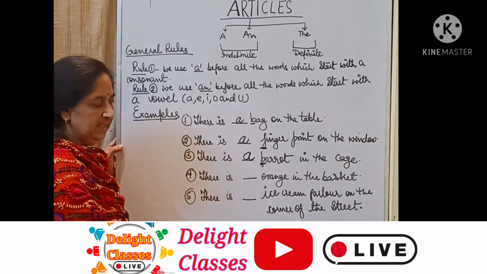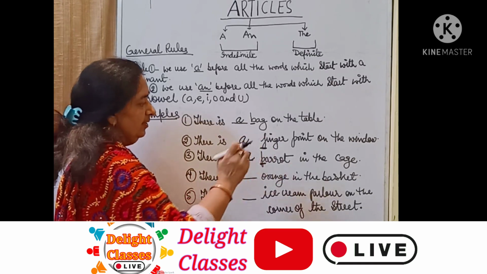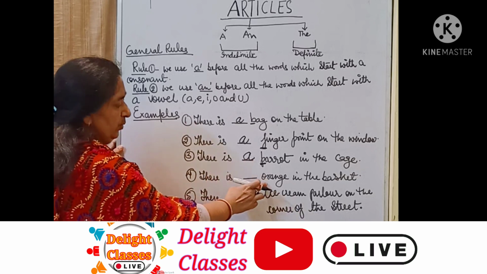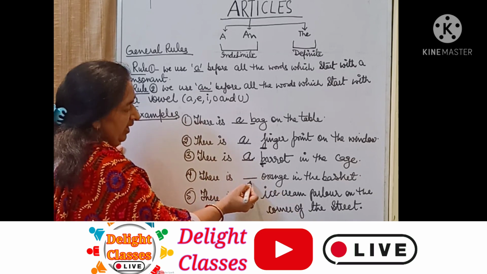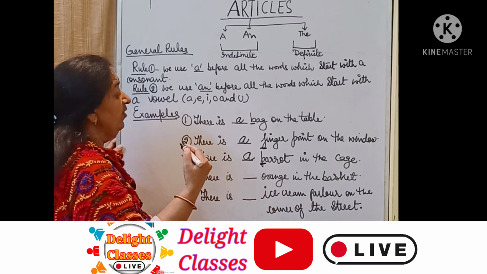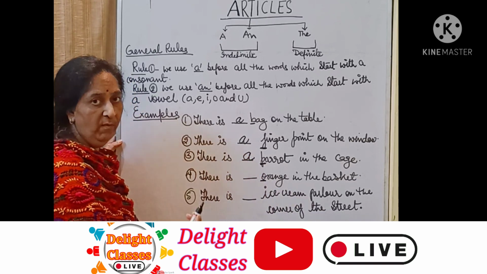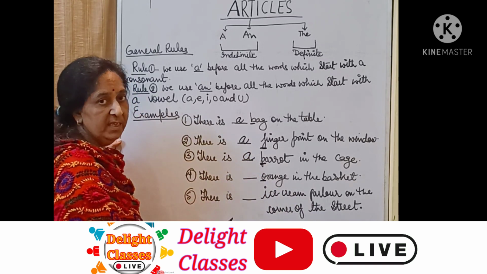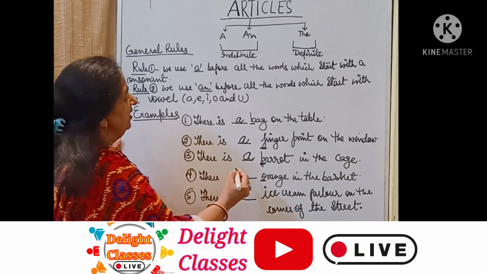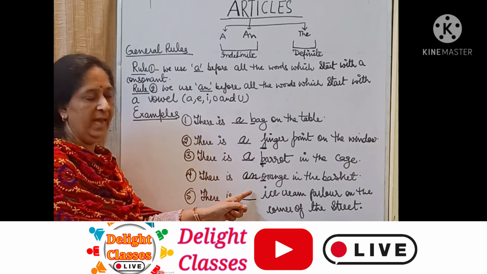Coming to the fourth example, there is dash orange in the basket. So the first word after the blank is orange, and first letter of that word is O, which is a vowel. So before the vowels in general ruling, we fill the article an. So the answer will be an for the blank.